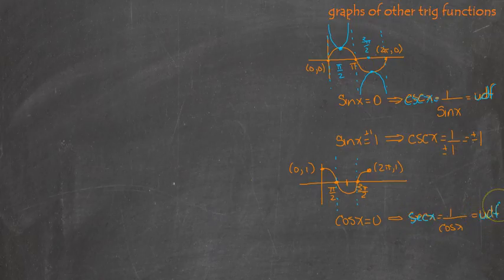And using the same logic as before, wherever cos x equals positive or negative 1, then the secant of x is going to equal positive or negative 1. Putting it together, I would have a graph that looks like this. Oops, I crossed my asymptote. That's not okay.